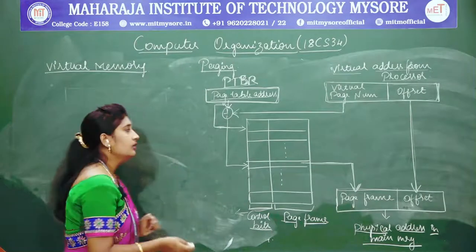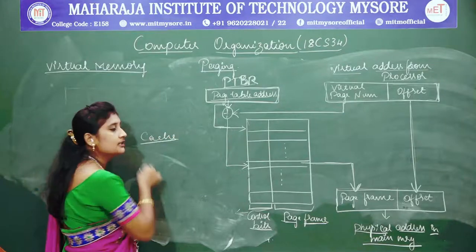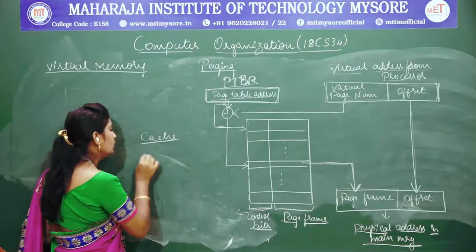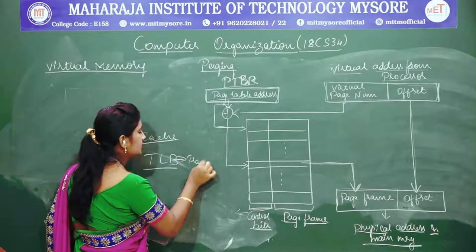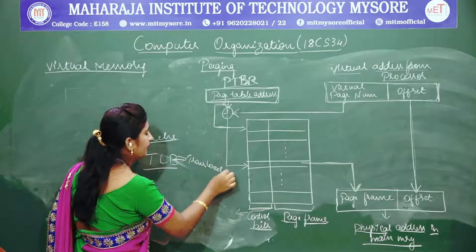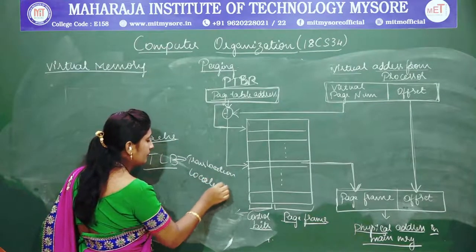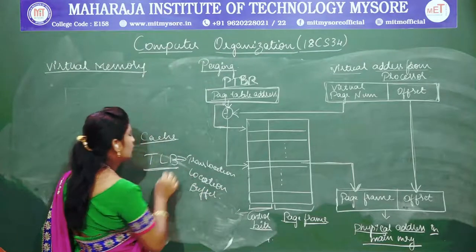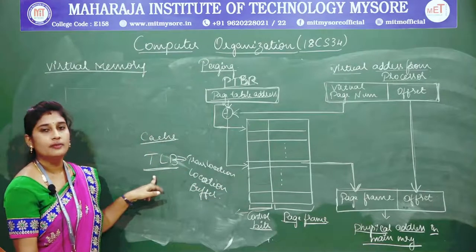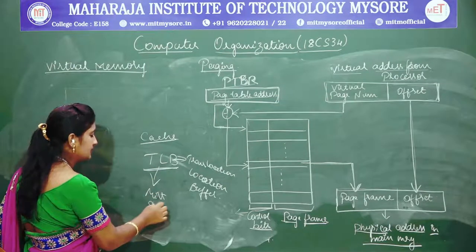So to speed up access you were using cache memories, isn't it? Here you will be using the TLB, that is the translation look aside buffer. So what will it be doing? It will be storing the most recently accessed pages.